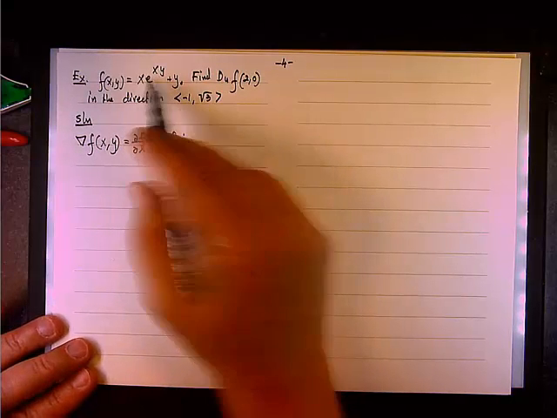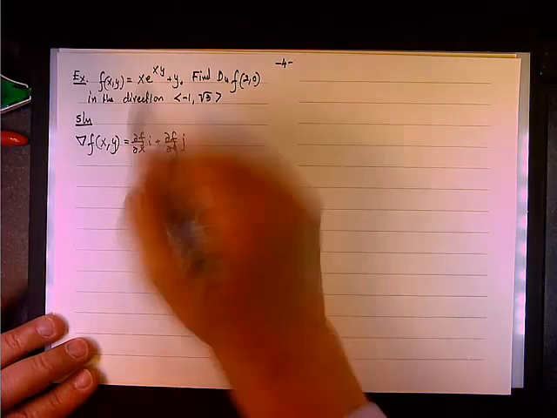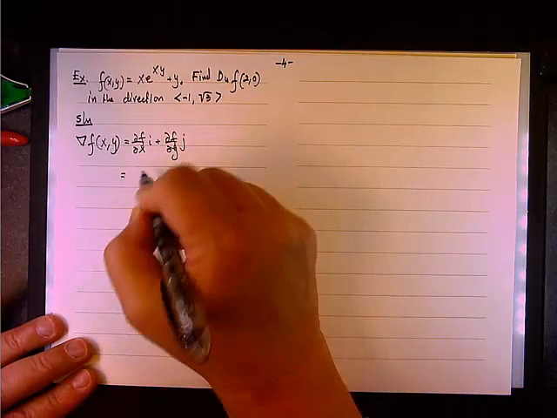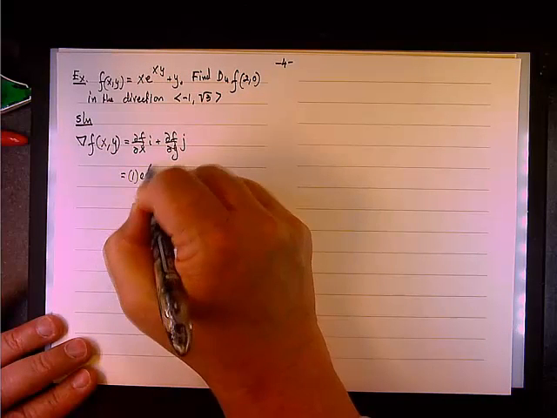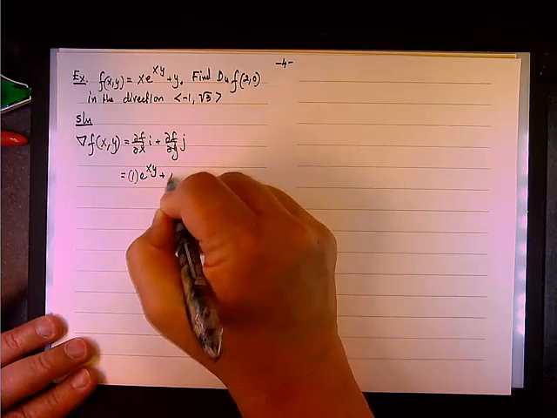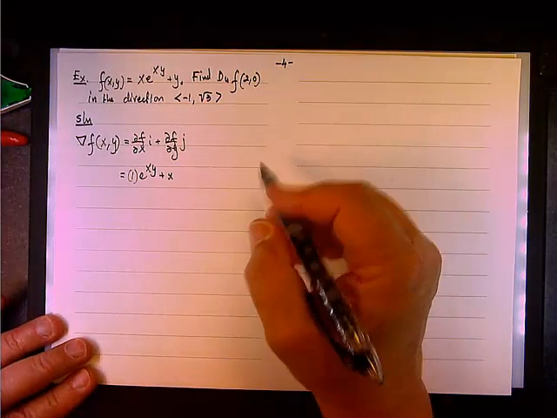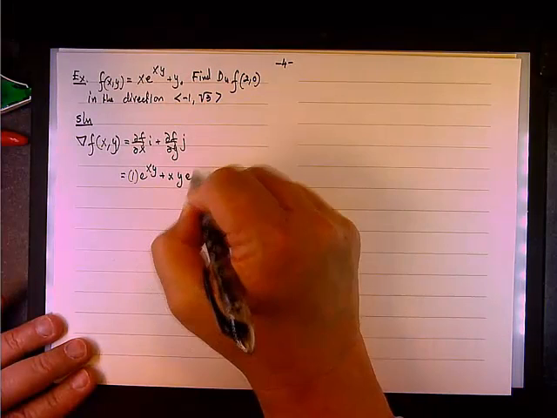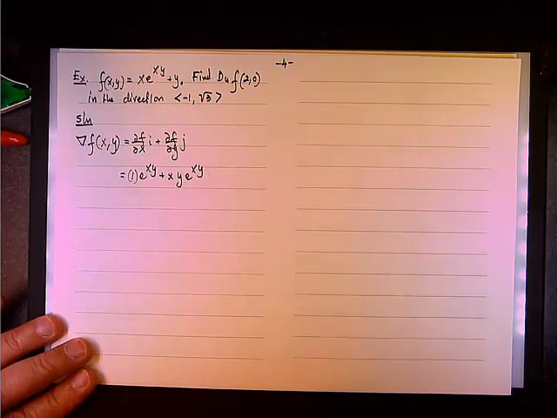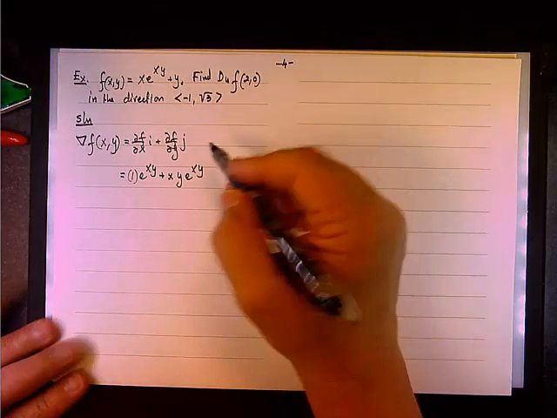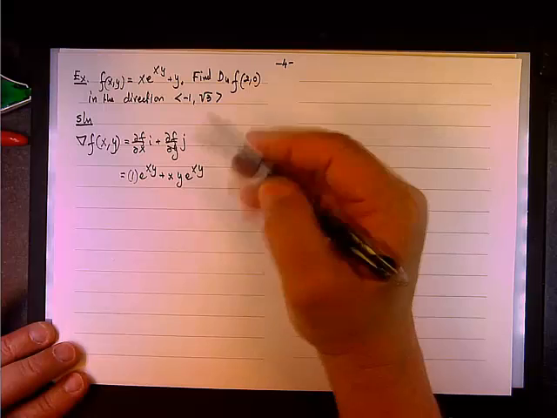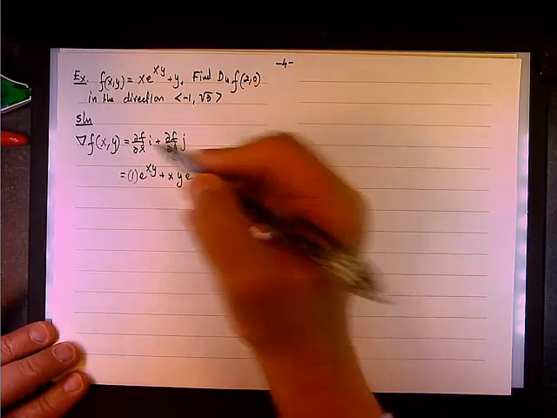So what is the partial derivative with respect to x? Well, we need to have a product rule here. So the derivative of x is 1, so we have 1 times e to the xy plus x times the derivative of e to the xy. Well, the derivative of e to the xy is y e to the xy.